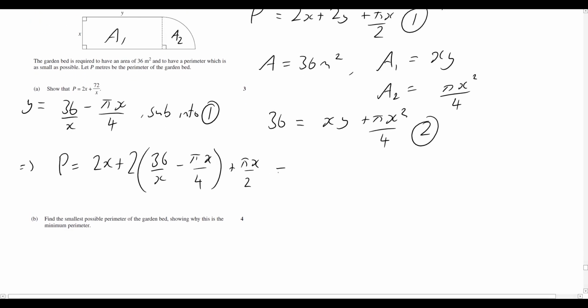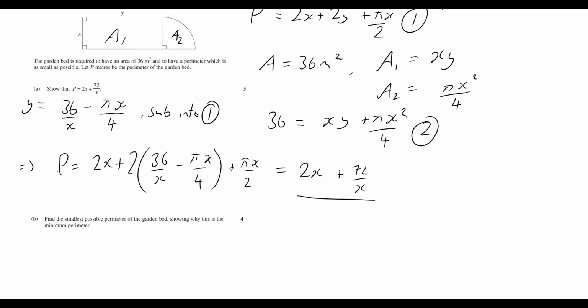Okay, so now expanding this bracket, we have the 2x out the front, and now 2 times 36 is 72 over x. And then 2 times minus pi x on 4 will just become minus pi x on 2, which will then cancel out with the plus pi x on 2. And there we are. So that's exactly what we were looking for, as asked in part A here.